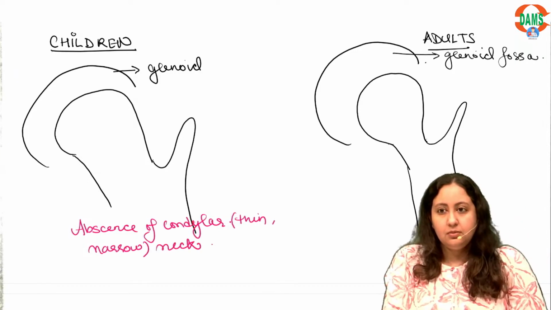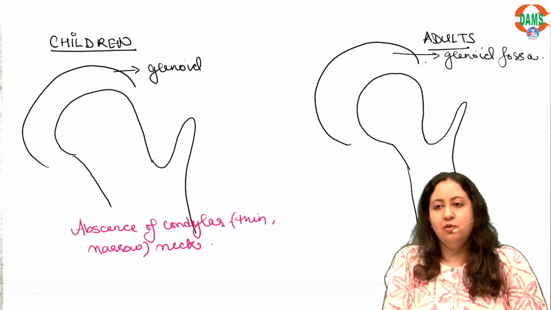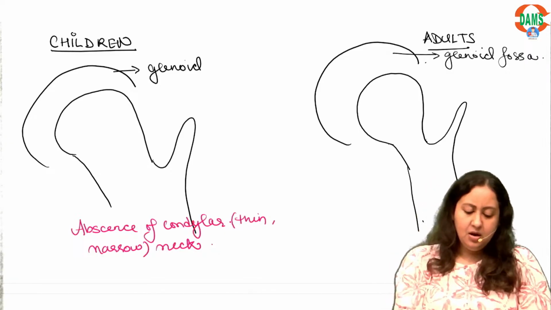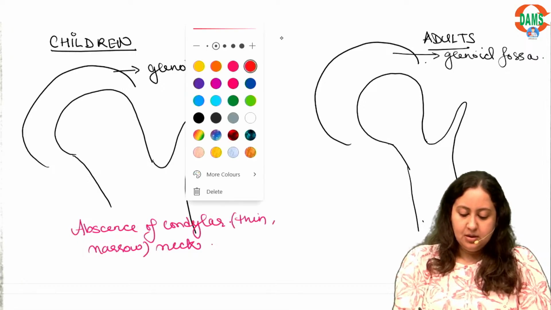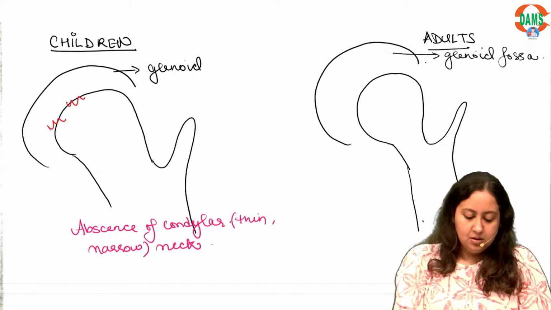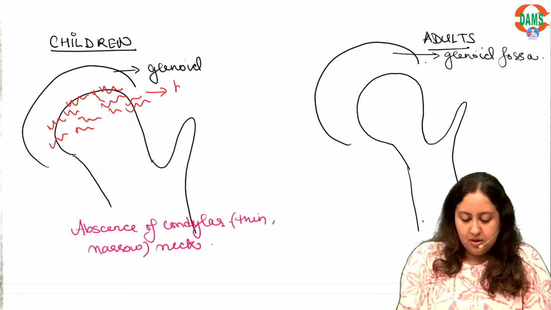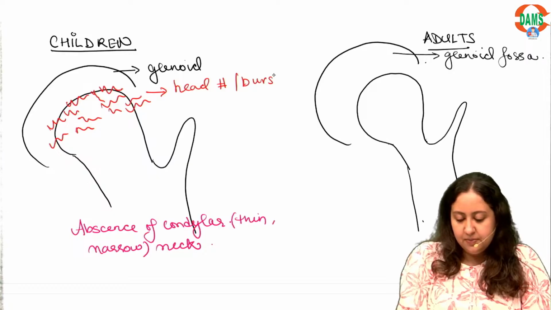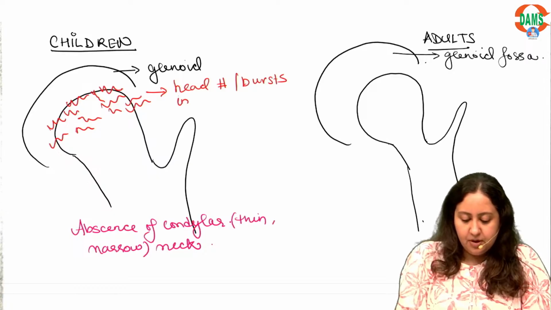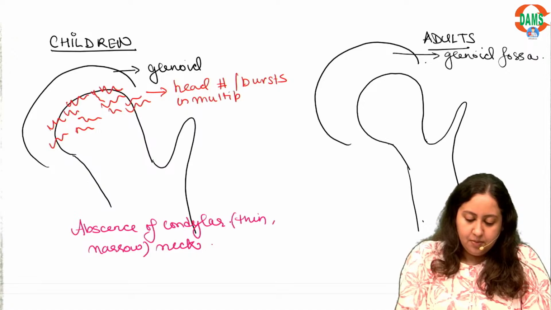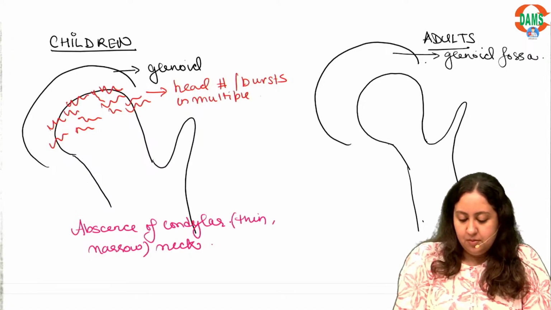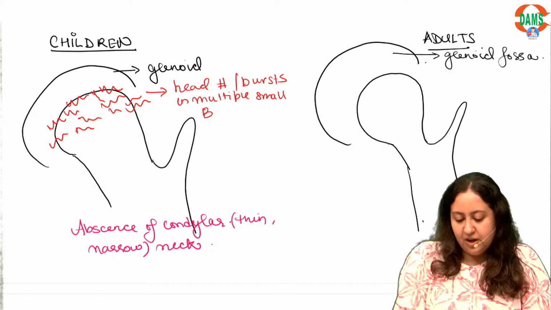Fine. So whenever there are forces, whenever there is an impact, what happens is that the condylar head fractures into multiple small bony fragments. Head fractures or bursts into multiple small bony fragments.